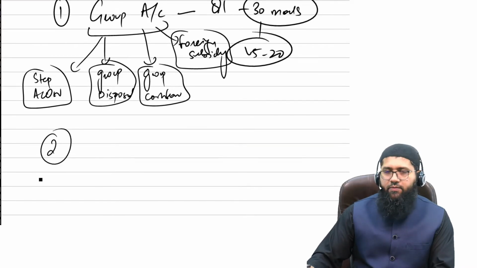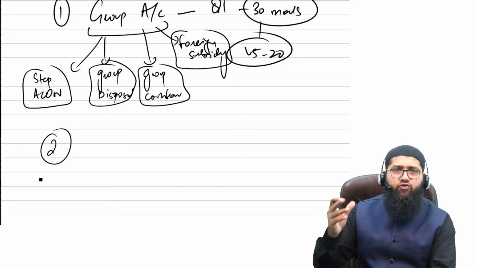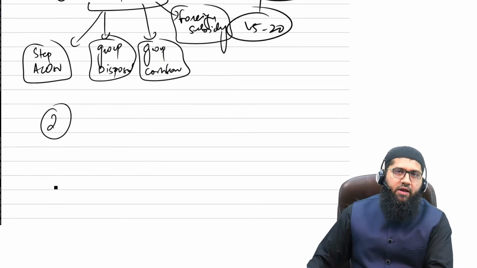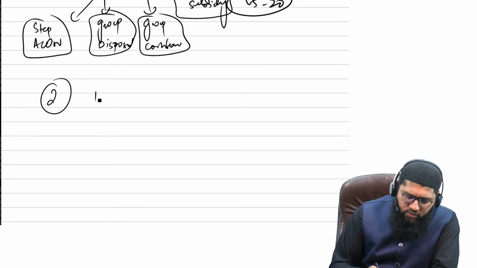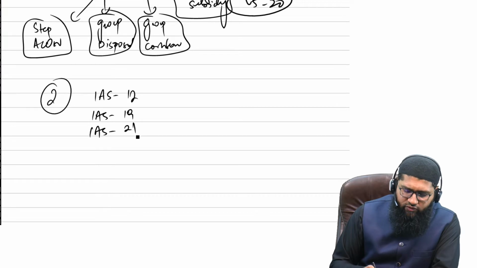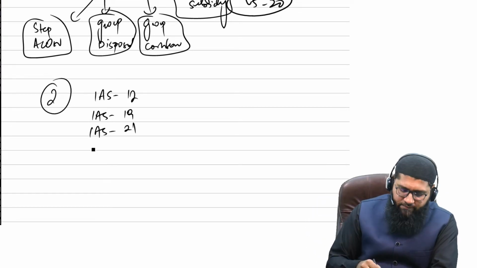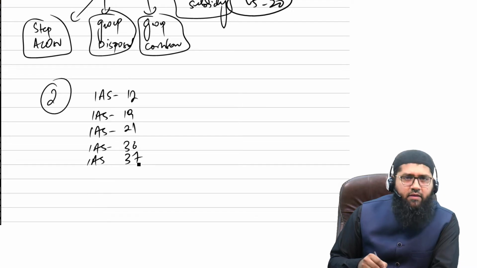Now what next is there? The next situation is you have to make sure that there are some key accounting standards which are important for you to do, and that includes IAS 12, the income taxes. Then there is IAS 19. IAS 21 is already covered when you do the foreign subsidiary. Then there is IAS 36 impairment, IAS 37.